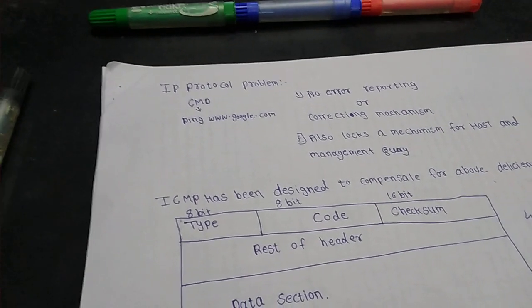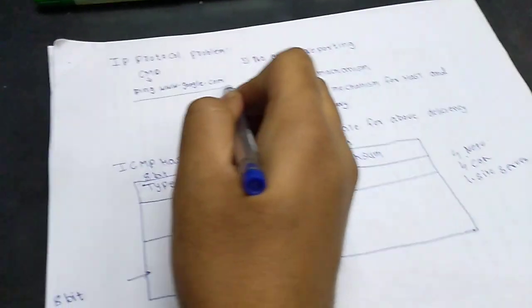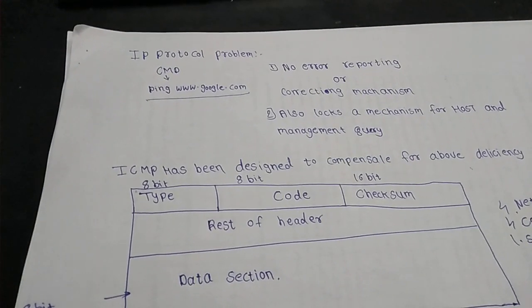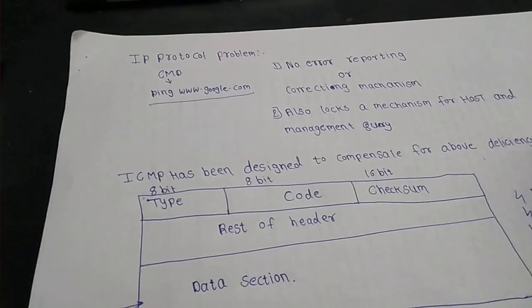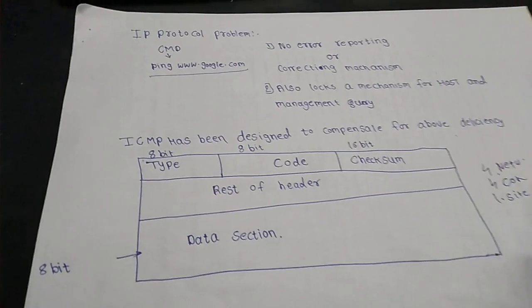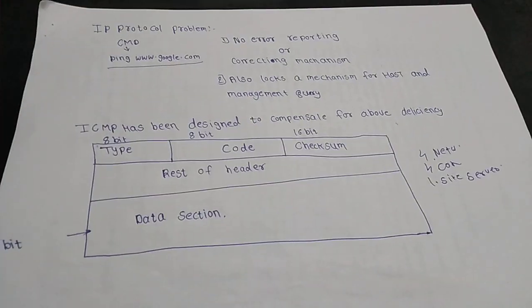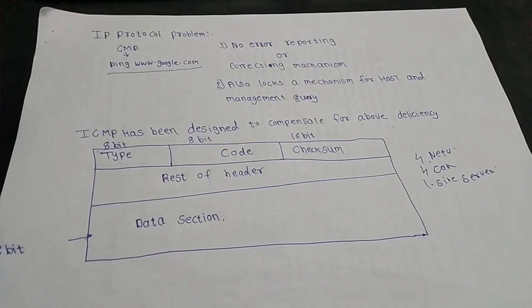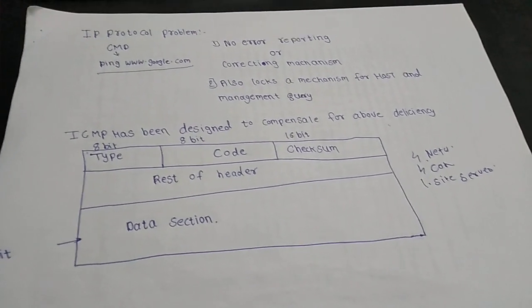Then enter the command ping www.google.com. It provides the Google IP address on your computer. So ICMP has been designed for this purpose.